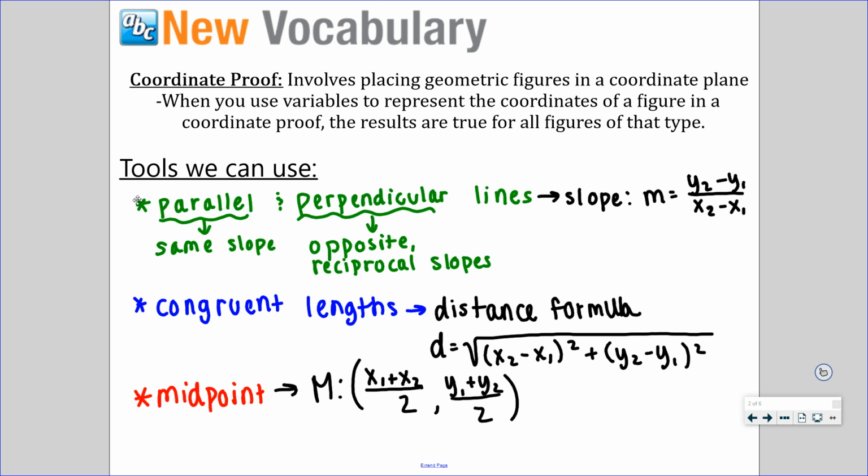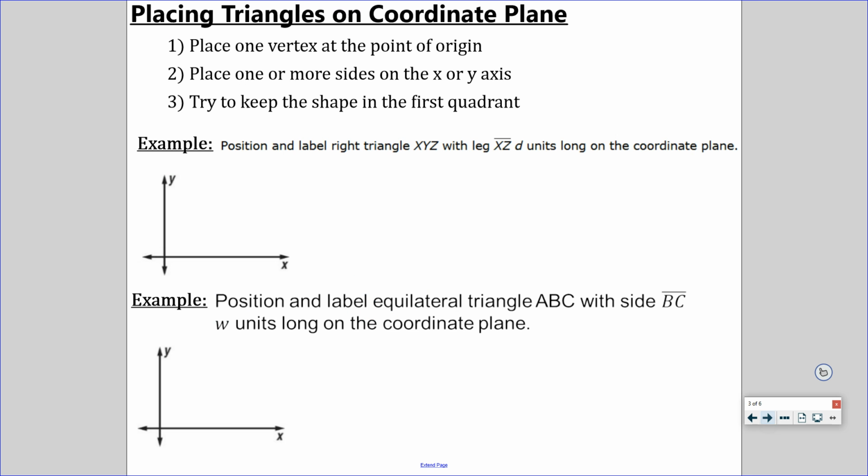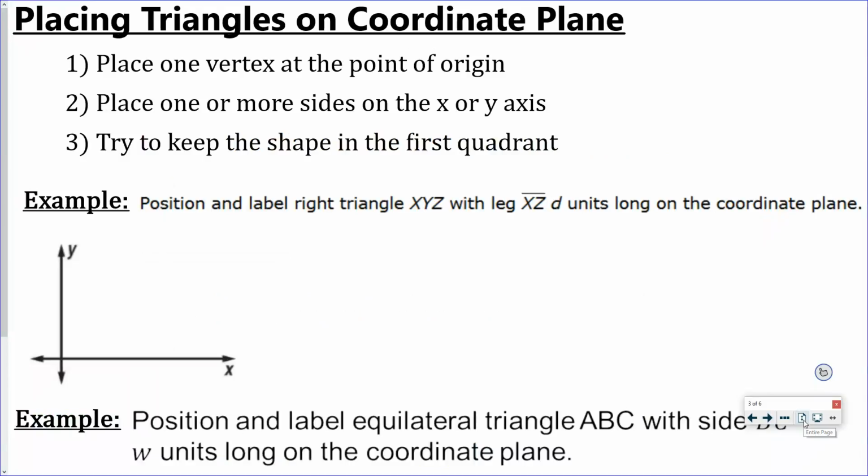These are important. First thing we're going to practice is just placing a triangle in a coordinate plane. So here's some tips. And this isn't the only way we can do it. That's why we are going to use variables that give us general values of the coordinates and not exact numbers, because we could technically place a triangle anywhere we wanted to on a coordinate plane. But here's the easiest way to do it.